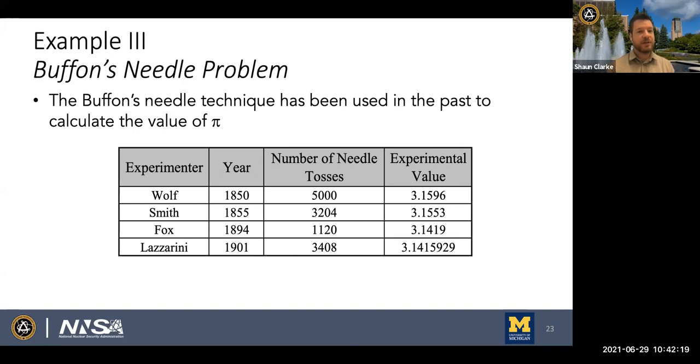It depends on the PDF and the CDFs that you're sampling in the Monte Carlo problem, how many trials you need. If it's a simple PDF or simple CDF, you can get away with a small number of trials. If it's a complex PDF, you will need more trials. So there's no way to know a priori.